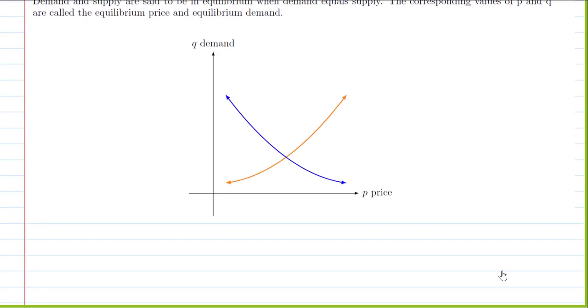So if we look at our graph here, in orange, this represents supply, and in blue, this is representing demand. So our equilibrium price and our equilibrium demand are here, and this is what's referred to as the equilibrium point.